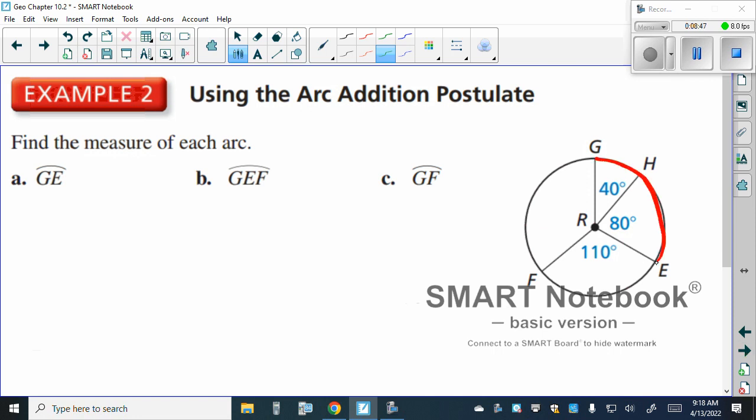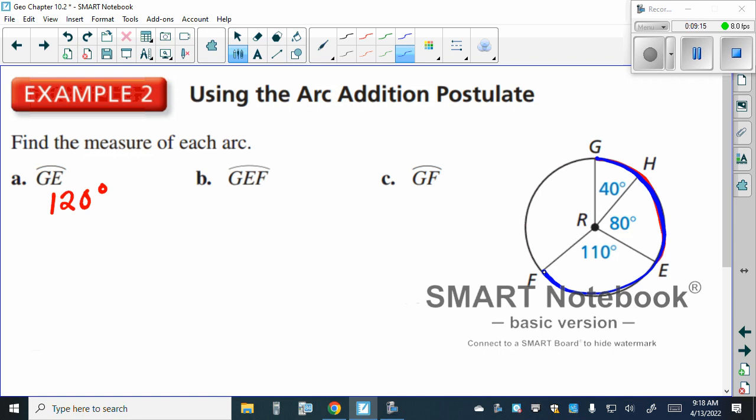GE first, which would be what? 40 plus, and 40 plus 80 is what? So GE is 120 degrees. What's the next one? G, E, F. So how can we get to it?